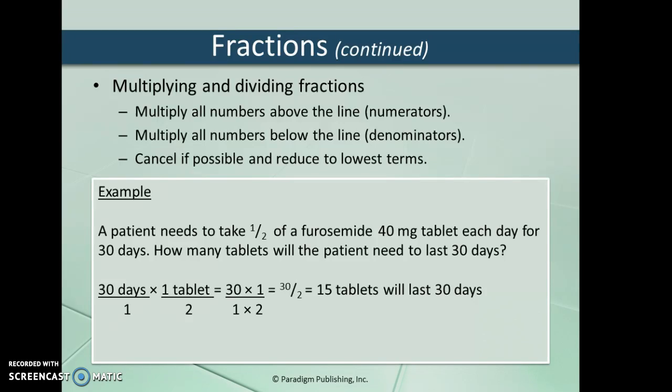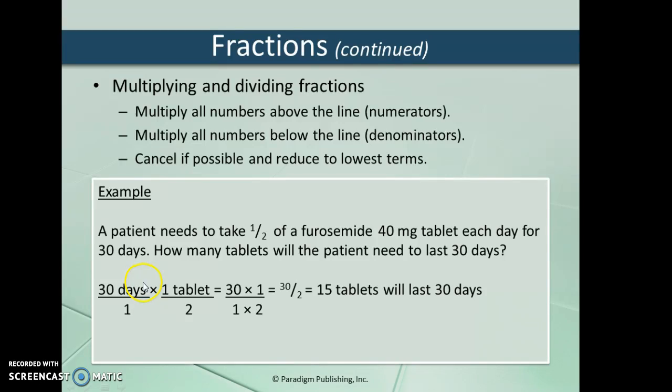Multiplying and dividing fractions. Multiply all numbers above the line in the numerators. Multiply all numbers below the line in the denominators. Cancel if possible and reduce to the lowest terms. A patient needs to take 1/2 of a furosemide 40 milligram tablet each day for 30 days. How many tablets will the patient need to last 30 days?